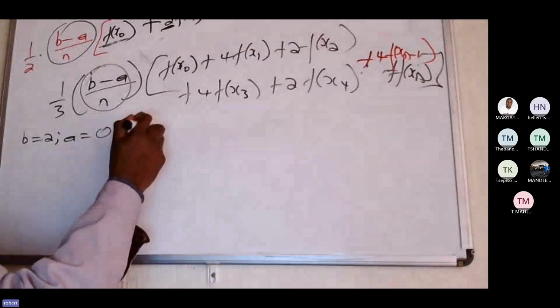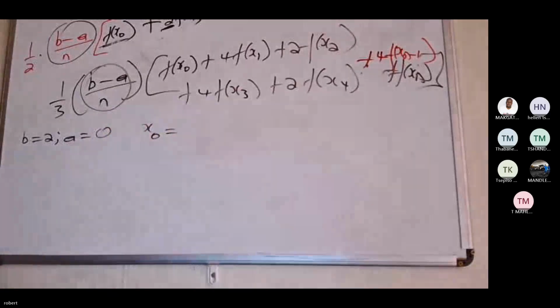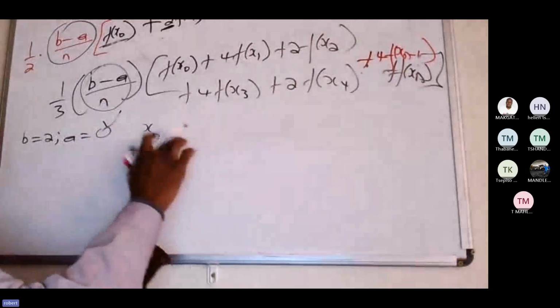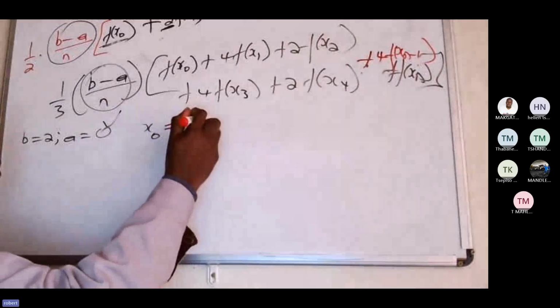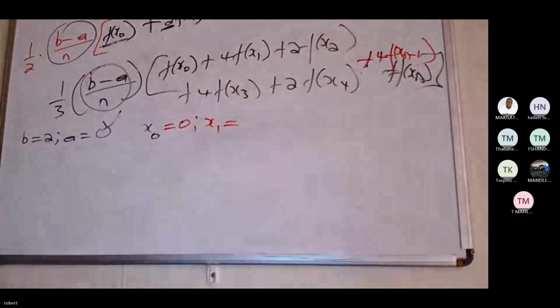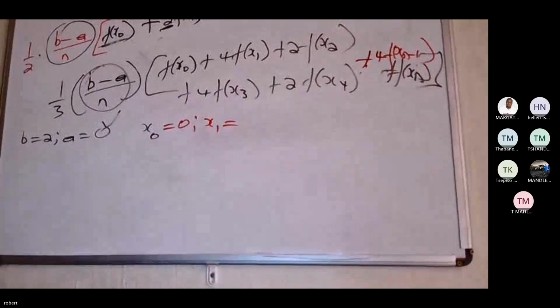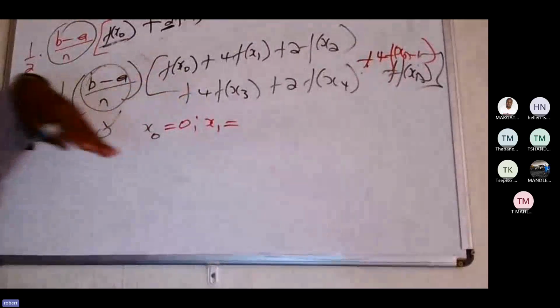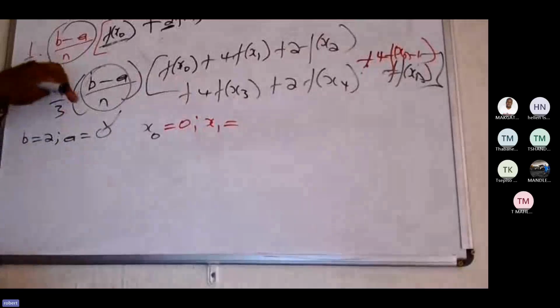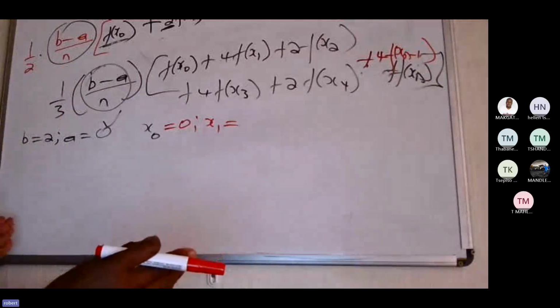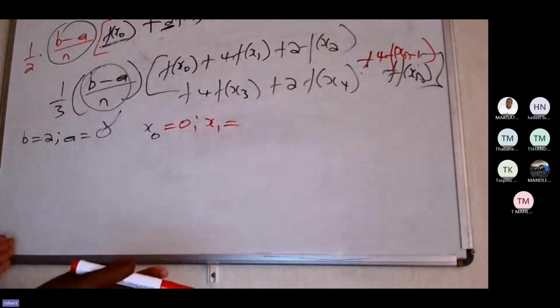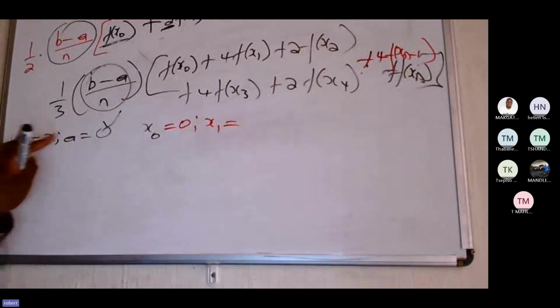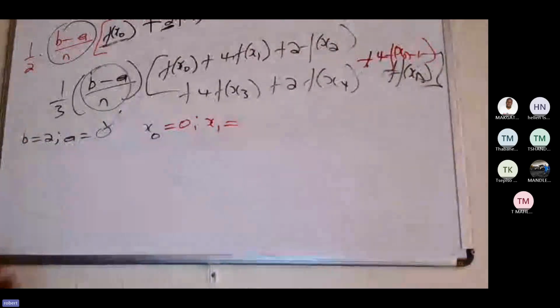So the same story. What will be your x0? X0 is always A. Therefore, X0 here is still 0. And what is X1? Because we have said we have partitioned that into 6 equal parts, the length of each of those stripes will be 2 minus 0 divided by 6, which is 1 over 3.